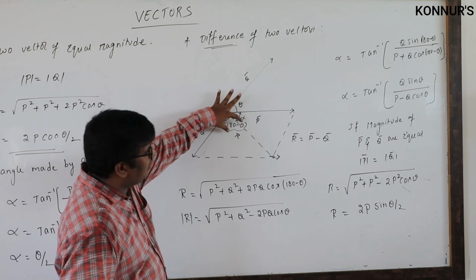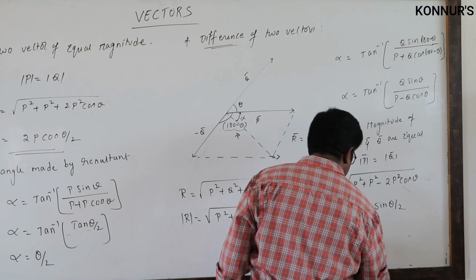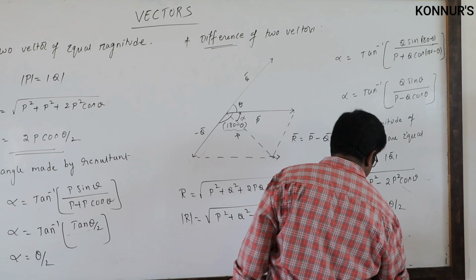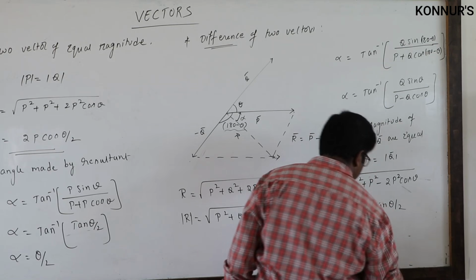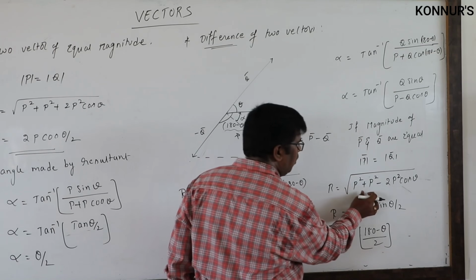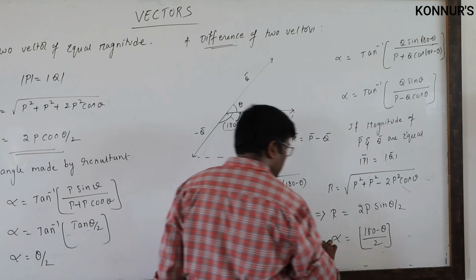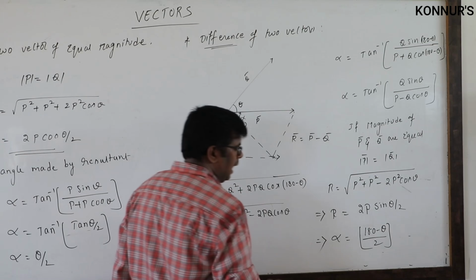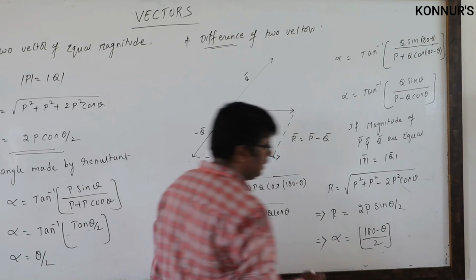Here the angle is 180 minus theta, so the angle made by the resultant is alpha equals 180 minus theta by 2. So the difference of equal magnitude vectors has resultant 2p sin theta by 2, and the angle made is 180 minus theta by 2.